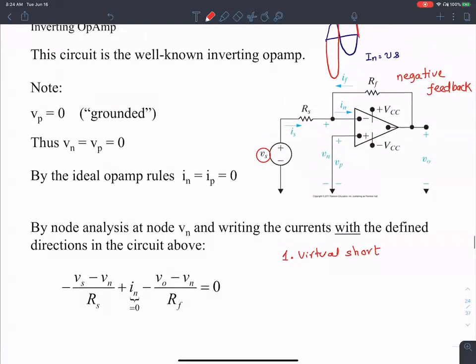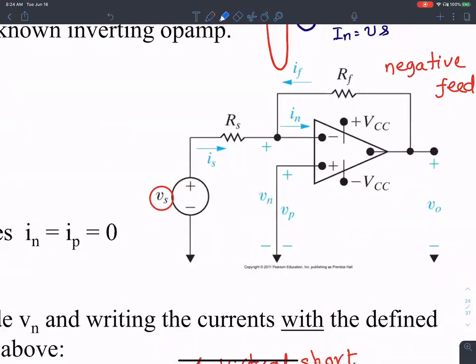The virtual short assumption is that whatever voltage is applied here happens to be the same over there.